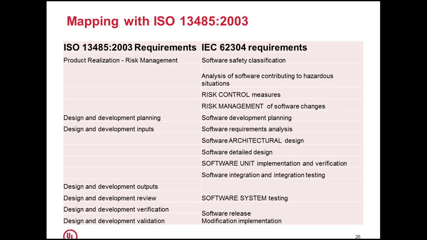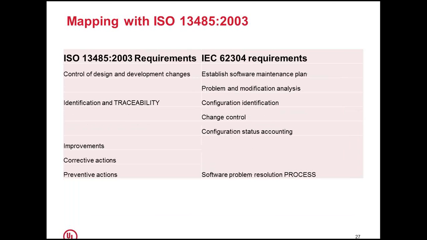For verification and validation activities, we have software system testing, software system release, and software modification implementation, which is also related to design and development change requirements. So design and development changes also need to be controlled based on the quality management system requirements.